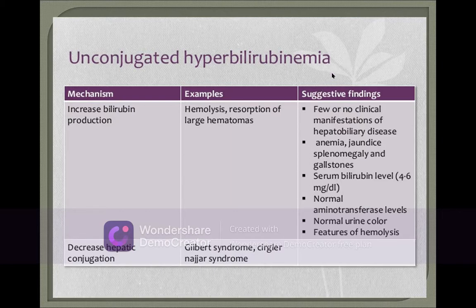But 20% of this urobilinogen in the intestine will be converted into stercobilinogen, which will give the specific coloration to the feces.